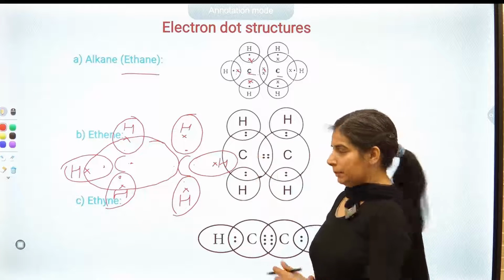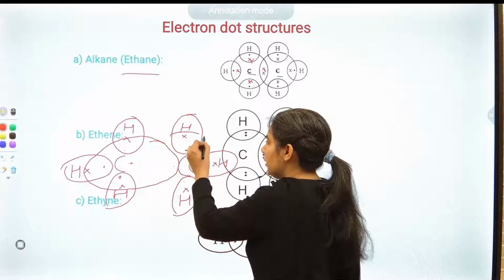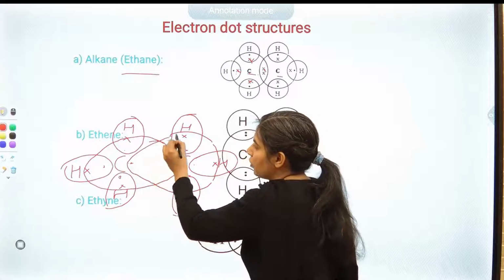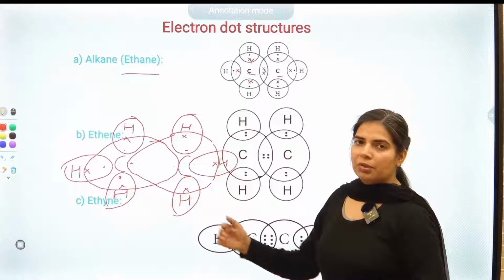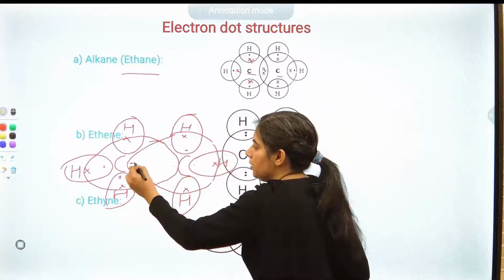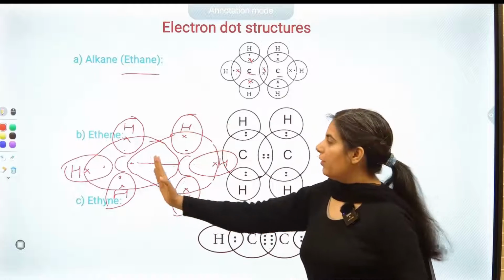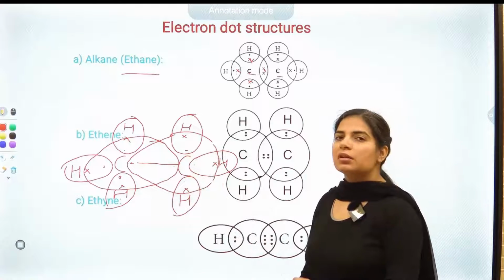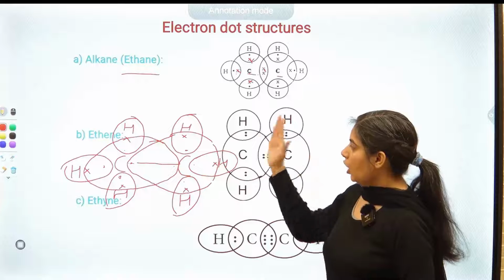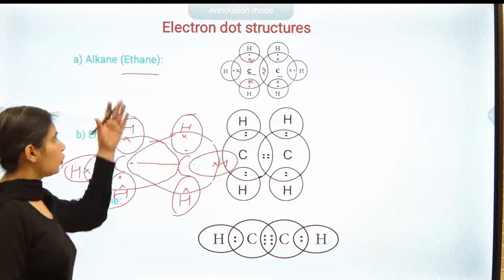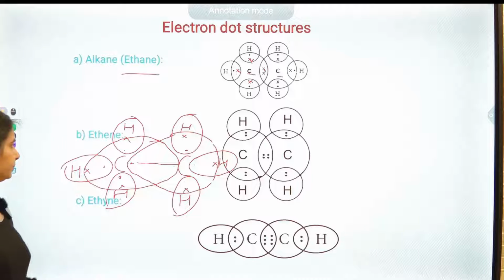Same for the other carbon. And here is the bond. So in case of ethane, we have a carbon-carbon single bond. This is the electron dot structure of our molecule ethane.